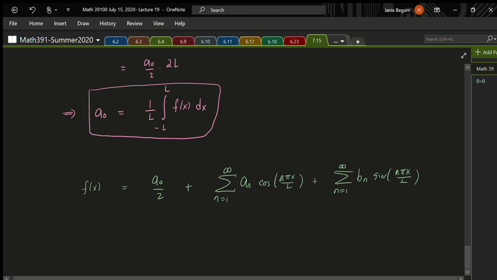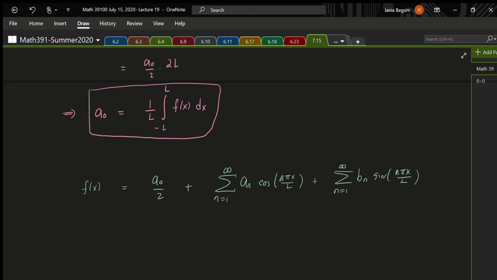We are going to multiply this entire equation by cosine of m pi x over L and integrate over that symmetric interval negative L to L. That's the key to this.